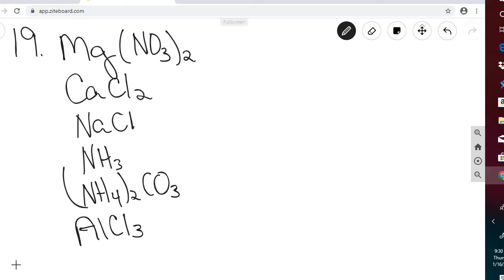Okay, and here's what this question says. It says the molalities of the solutions are all the same. So which would have the lowest freezing point?